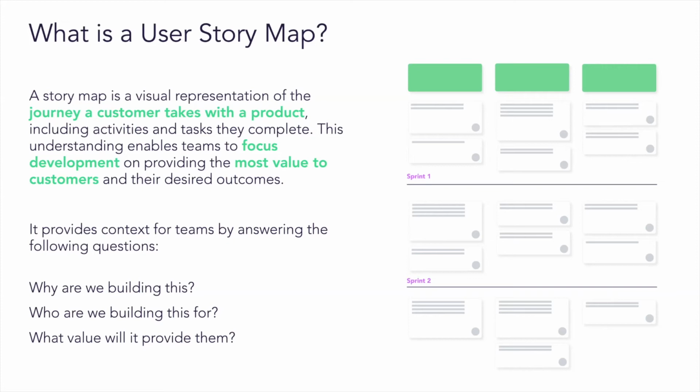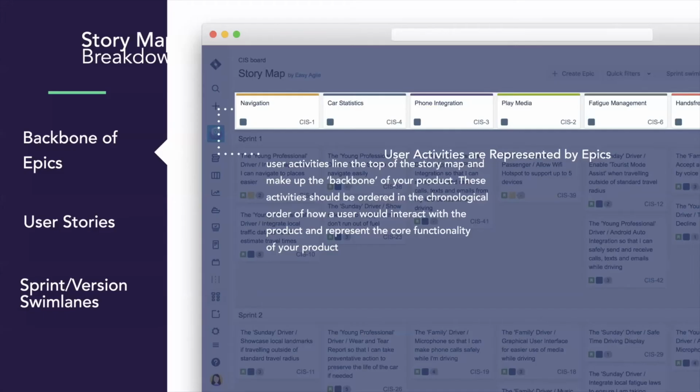Now, coming back to our product, how we take these story maps and we move them into Jira is we start with the backbone, and this is represented by user activities, which are epics. And the backbone consists of in-car navigation system.